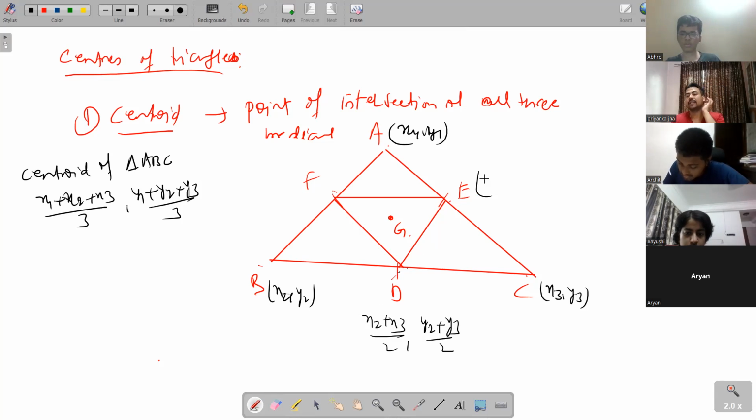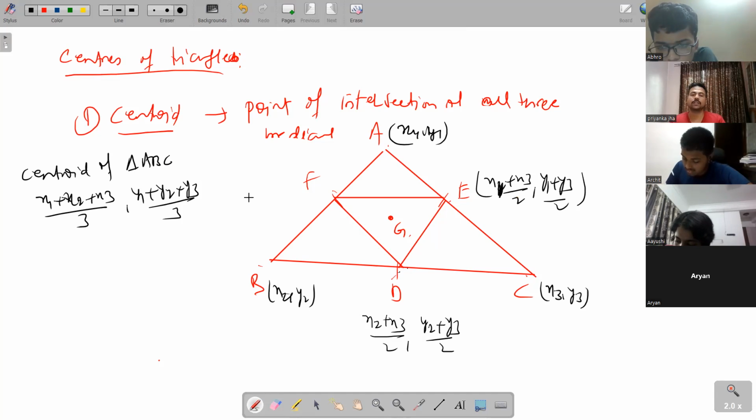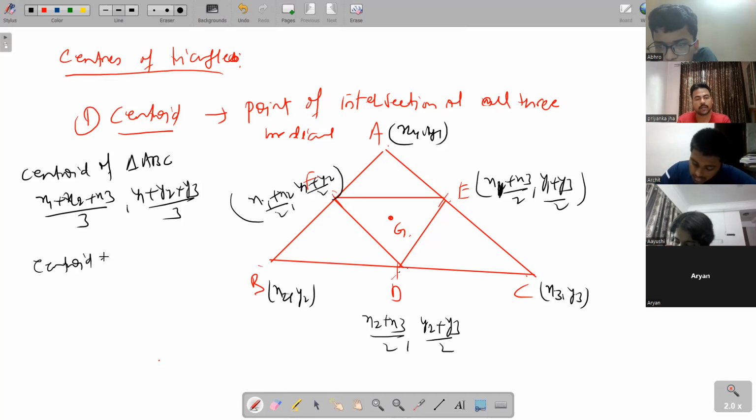Then E, the midpoint of AC, is x1 plus x3 by 2, y1 plus y3 by 2. And F is x1 plus x2 by 2, y1 plus y2 by 2. Now you have the coordinates of all the vertices. Now you find the centroid of triangle DEF.